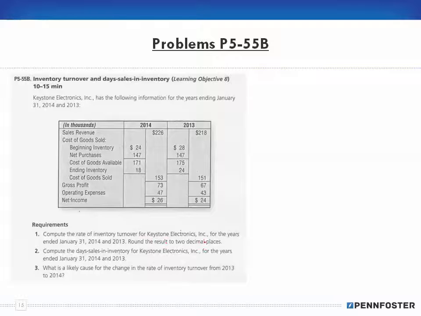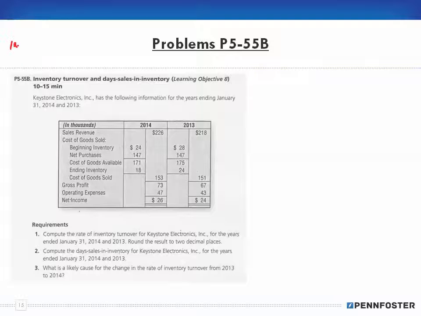Round the result to 2 decimal places. Then we're going to calculate the days sales in inventory for both years. And then 3 is what is the likely cause for the change of the rate of inventory turnover from 2013 to 2014.